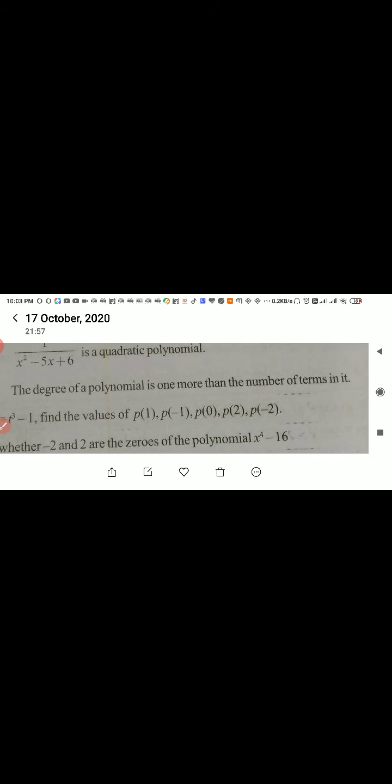Now fifth one. The degree of a polynomial is 1 more than the number of terms in it. To compare: yesterday we learned that if the degree is 0, that is a constant function. If the degree is 1, it is ax plus b.